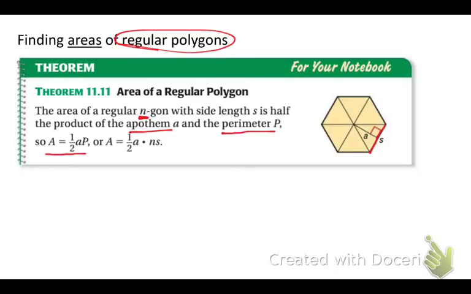So here it is written in math. I'm going to write it in English. So the area is equal to 1/2 times the apothem times the perimeter.